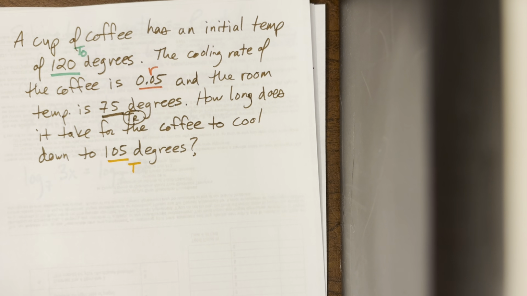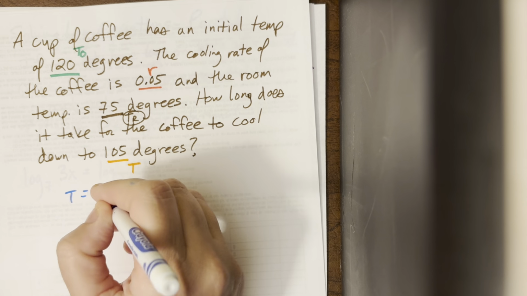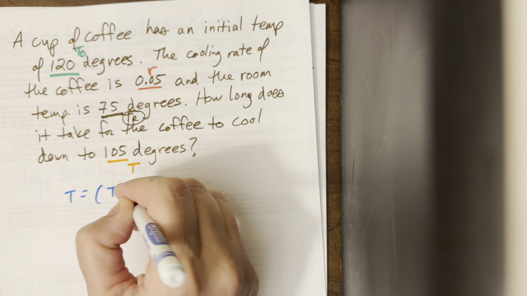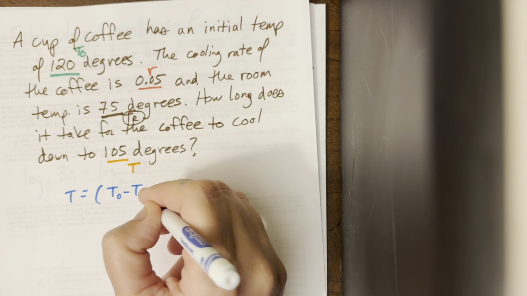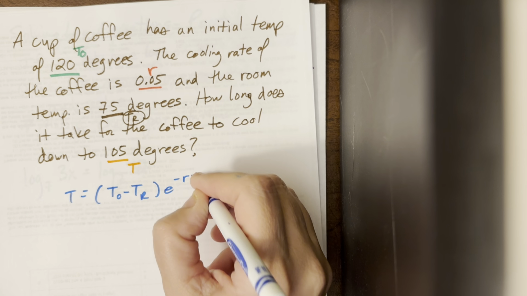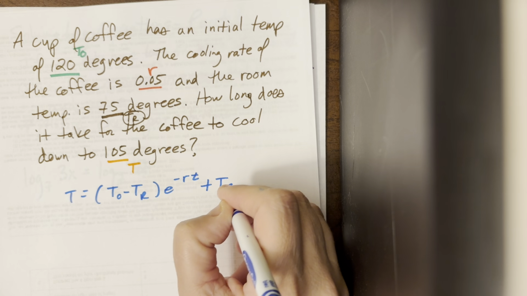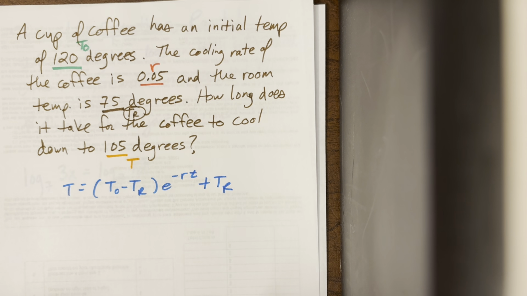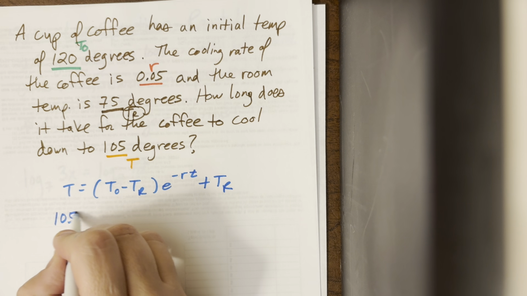So let's go ahead and copy this equation, and then we'll plug in what we know and solve for the time. I don't have this one memorized, so I have to keep glancing back at my notes. Okay, so T is going to be the 105.